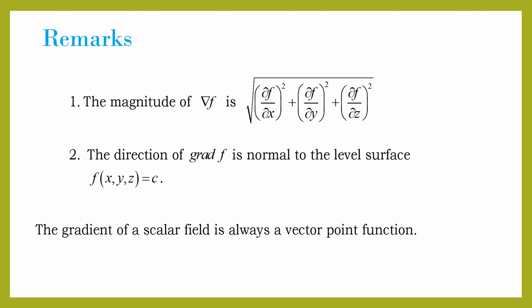So, I assigned a magnitude and a direction to the gradient. So, one point is clear. The gradient of a scalar point function is always a vector field.